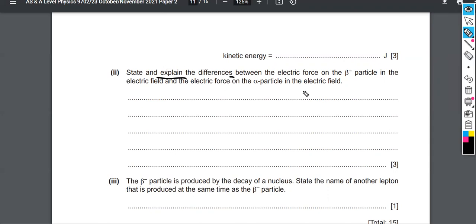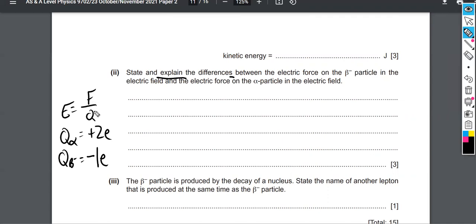The other difference is how much force each one feels. So a uniform electric field E is defined as the force per unit charge. The charge on an alpha particle is positive 2e. The charge on our beta minus particle is negative 1e. And so you have not just the opposite direction of the force, but you have twice the force acting on the alpha particle that you do the beta particle, because for every unit charge the particle possesses, it feels that unit force.